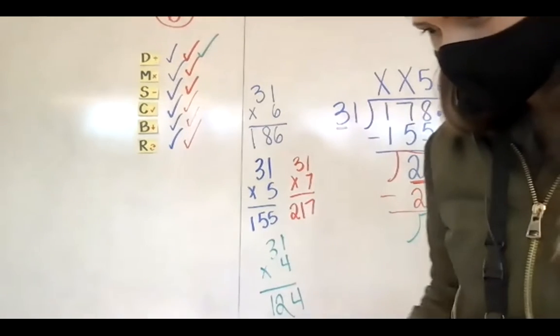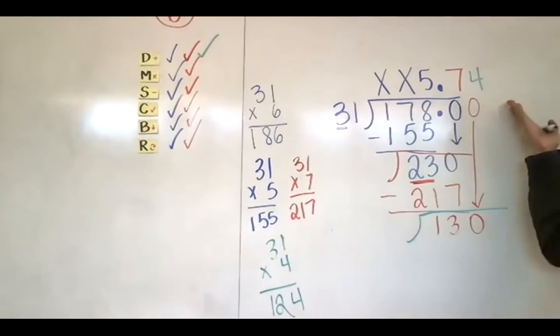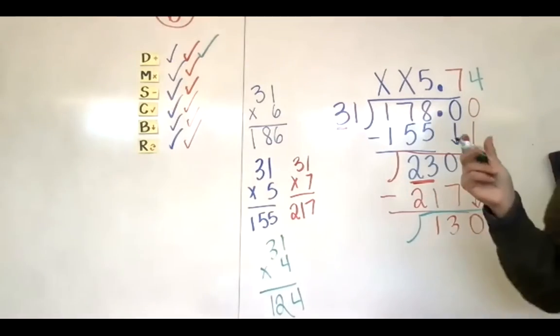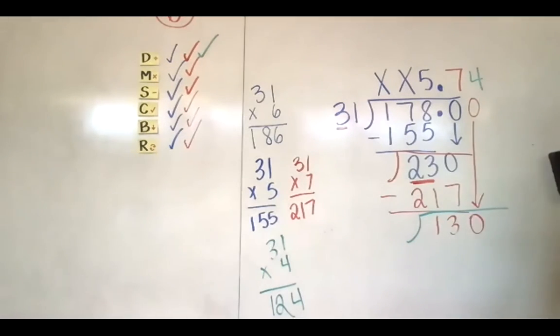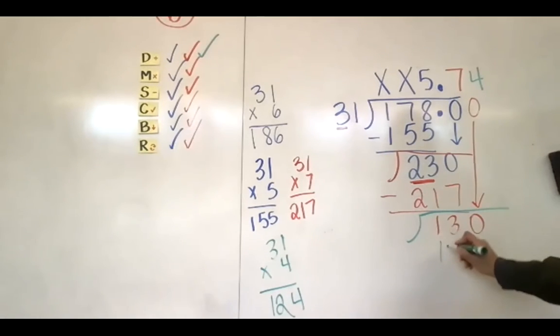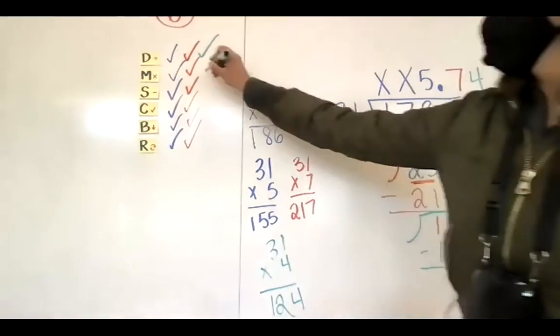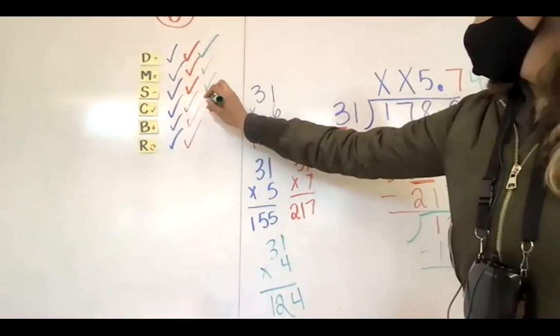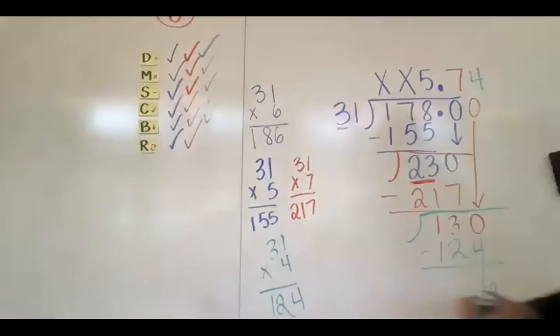What do we see? All right, we're probably going to keep going, aren't we? Because, look, we have a 1 here and a 0 here. So let's at least get it so that we can round to the nearest hundredth. All right, we get 124. Subtract. Check. We get 6. Bring down.